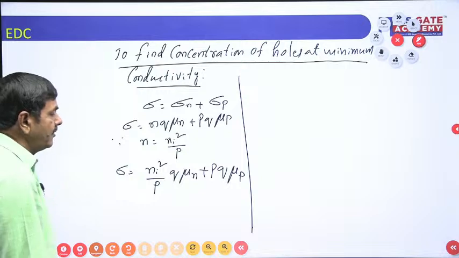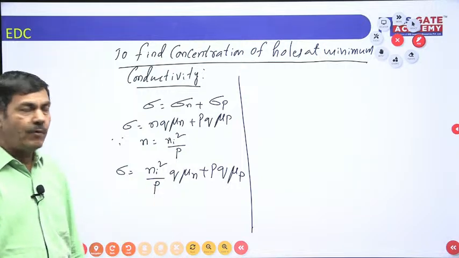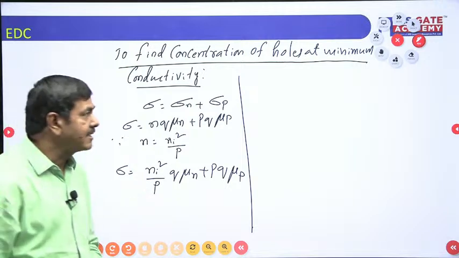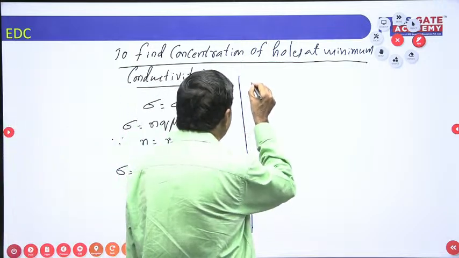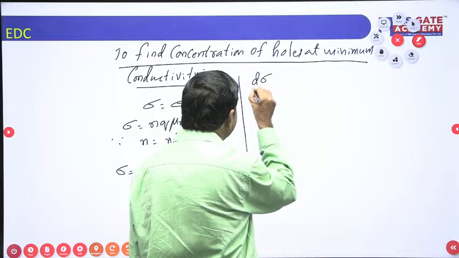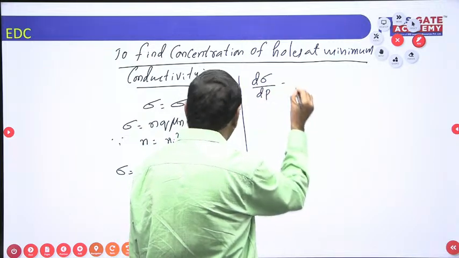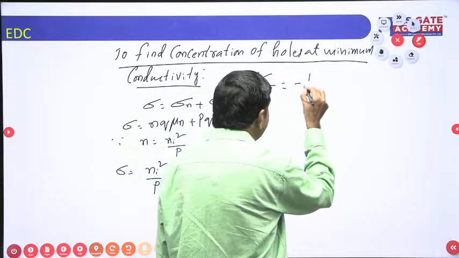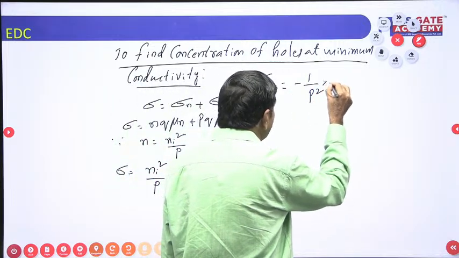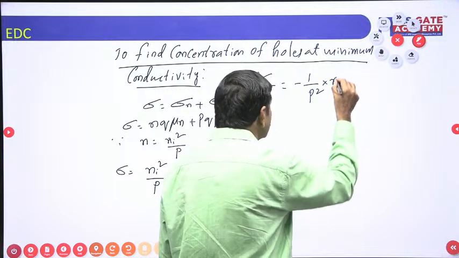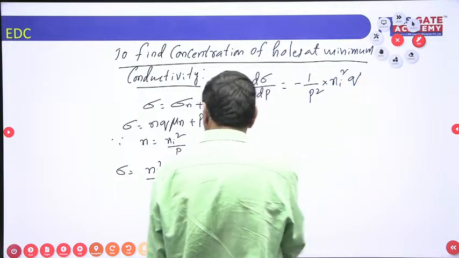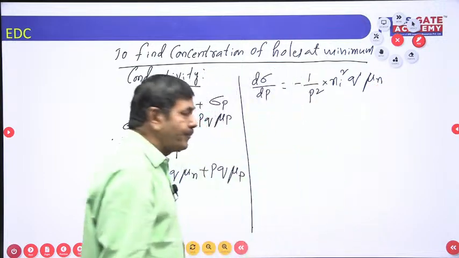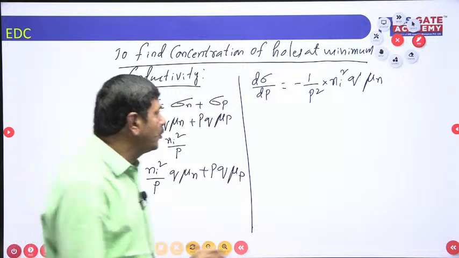But here at minimum conductivity I want this value. At minimum conductivity you must apply differentiation on both sides with respect to p. d sigma by dp gives minus 1 by p square into ni square into q into mu n, and the derivative of p is 1, so I get q into mu p.